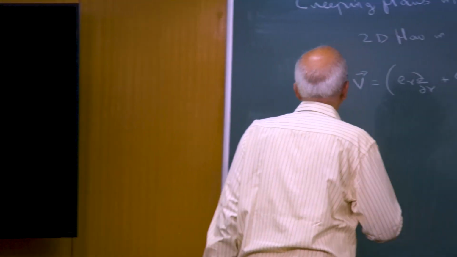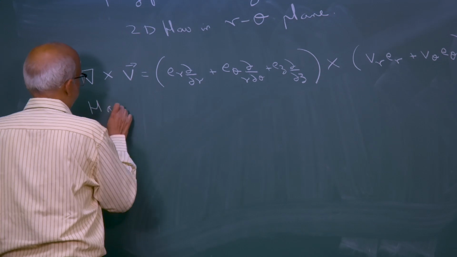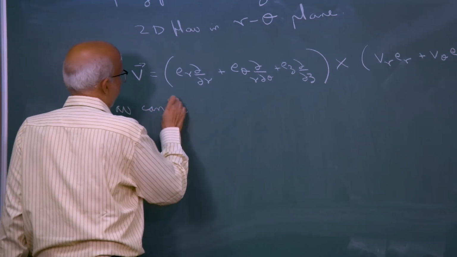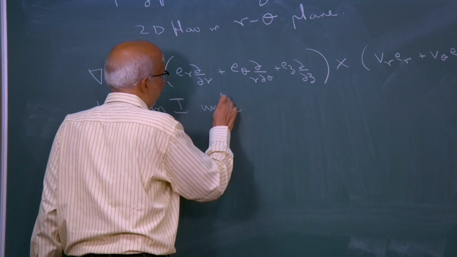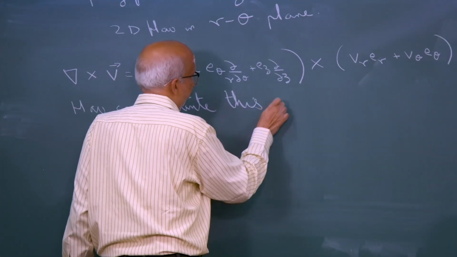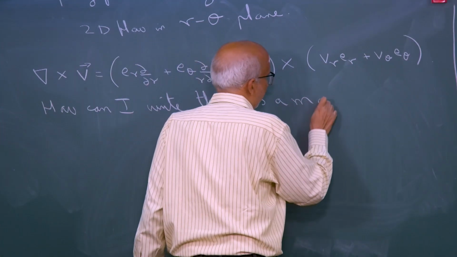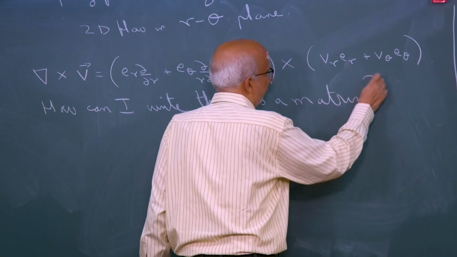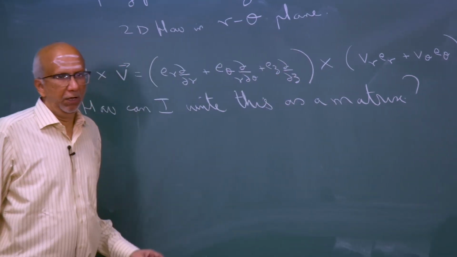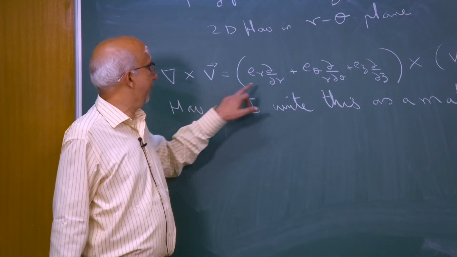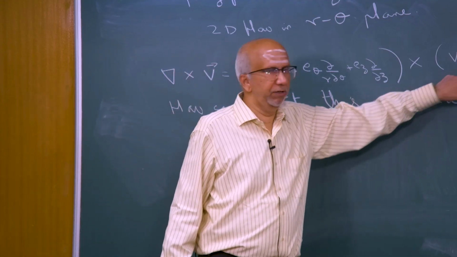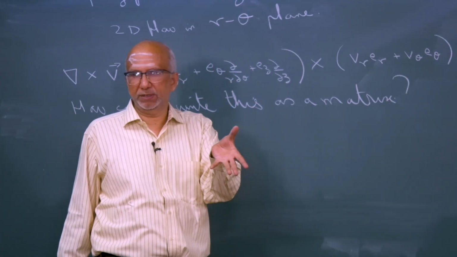So how can I write this as a matrix? That is the question. I have just expanded del, I have expanded V, because this is a 2D flow in the r theta plane.